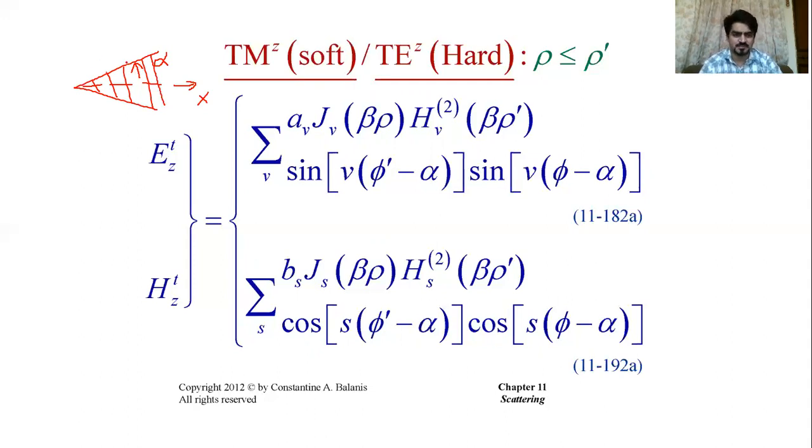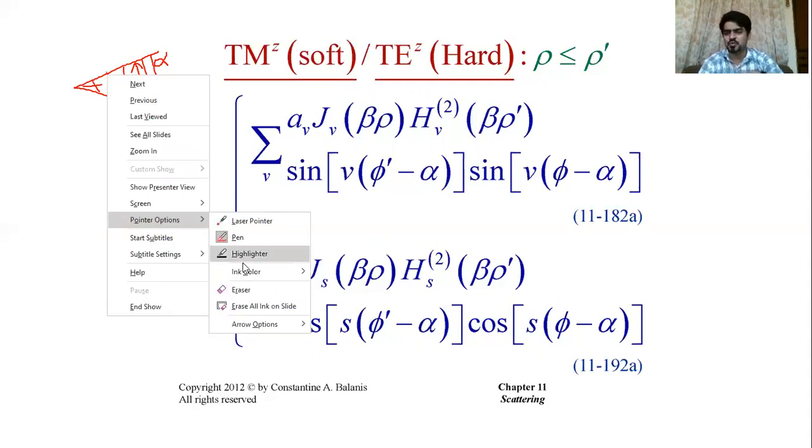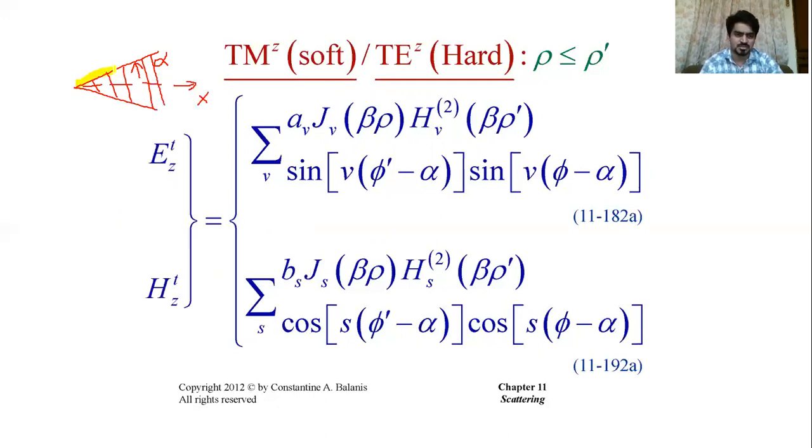We have a PEC boundary condition on two faces. First is when phi is equal to alpha, that is this one, and the other one is 2 pi minus alpha, that is this face. So this 2 alpha is nothing but your wedge angle. 2 alpha is called the wedge angle.